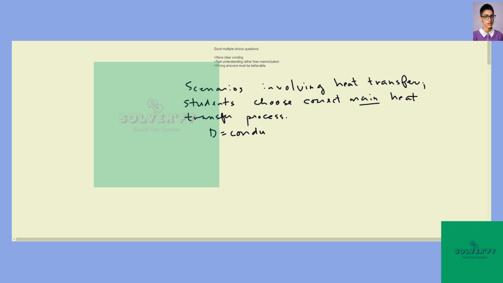They could write out the word if you wanted them to practice their spelling. C is convection. R is radiation. And always leave them the possibility of none in case they decide it doesn't fit.